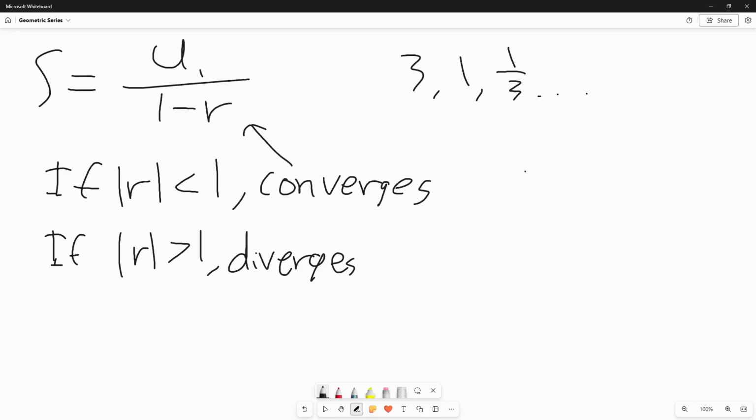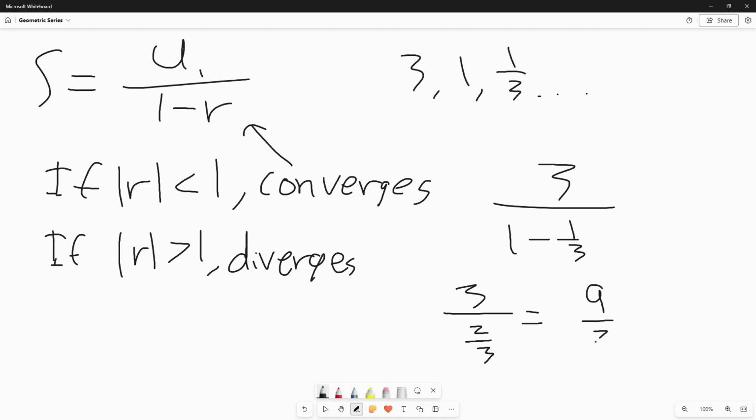What I can do is just plug in 3 for U1, and then 1 minus 1 over 3. And I get 3 over 2 over 3, which is 9 over 2. So 9 over 2 is the sum of every single term in this infinite sequence. It's a sum of infinite terms, not just 3 terms, not 4, but every single term infinitely.